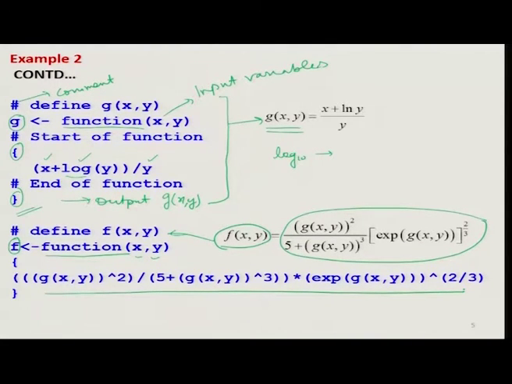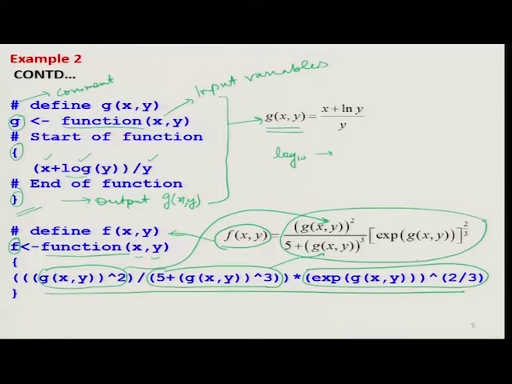That you can verify. That is very, very simple, on the same logic as what we have done in the topic R as a calculator. So you can see that g(x,y) whole square, this is corresponding to this quantity, 5 plus g(x,y) whole cube, this is corresponding to this factor, and this exponential of this thing, this is corresponding to this factor.